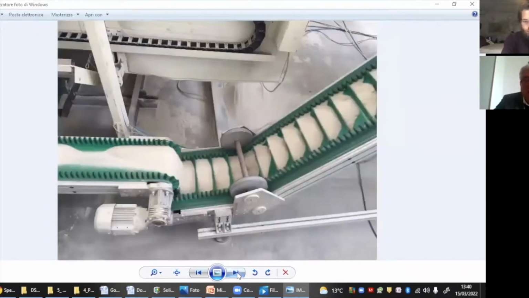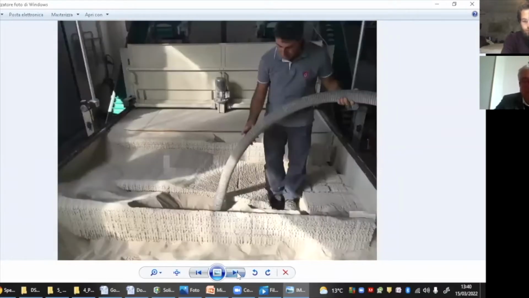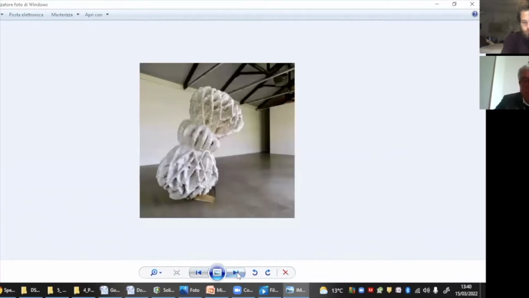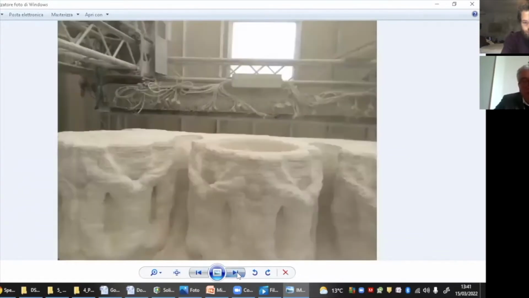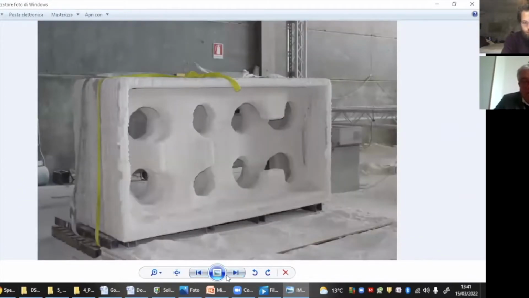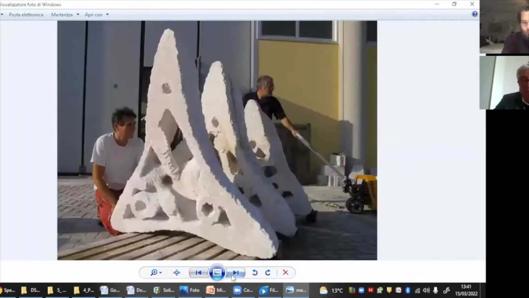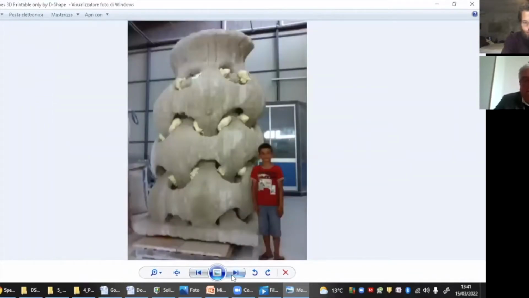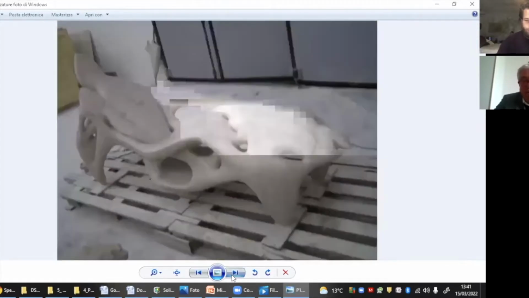In other cases, we apply some grinding to make the surface smoother. It depends on the purpose and how the machine is set. There are so many variables.